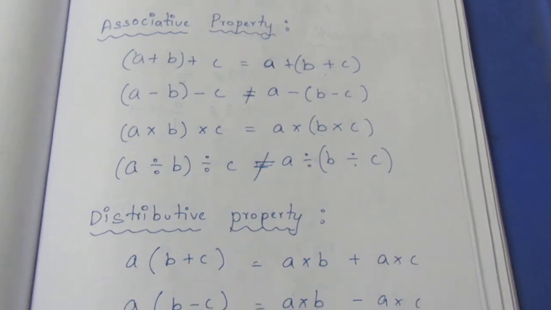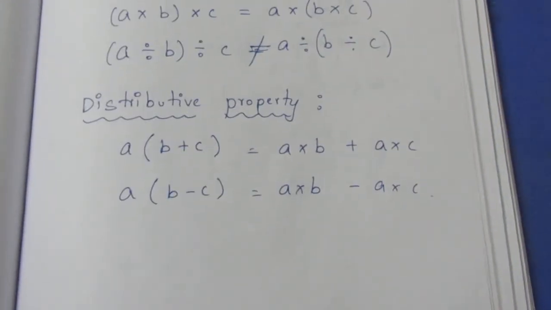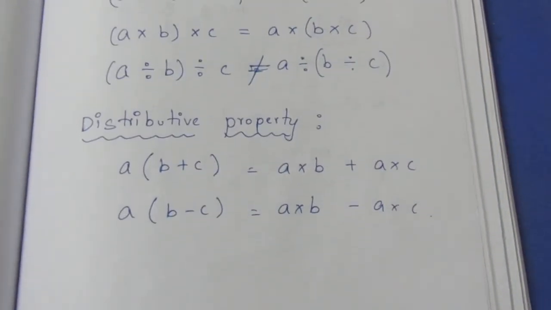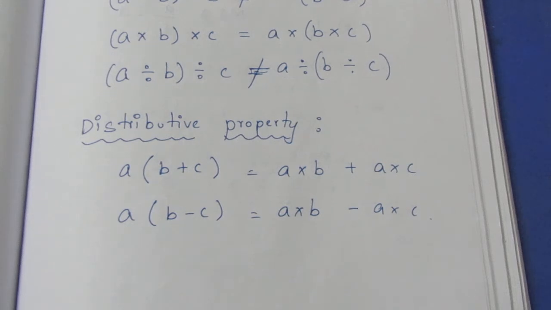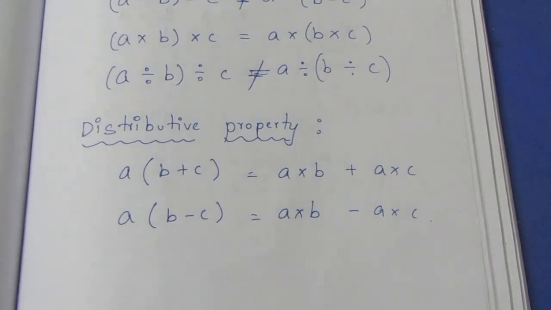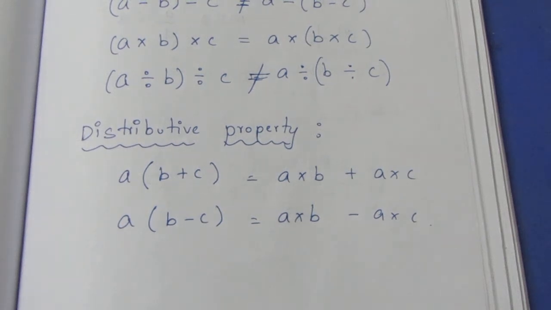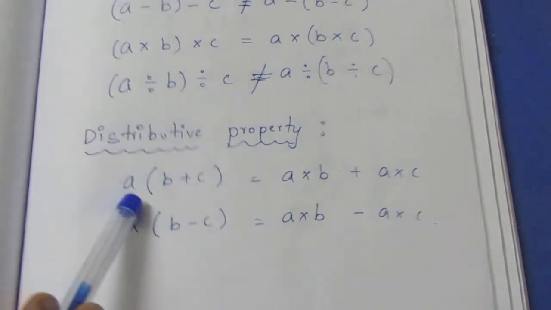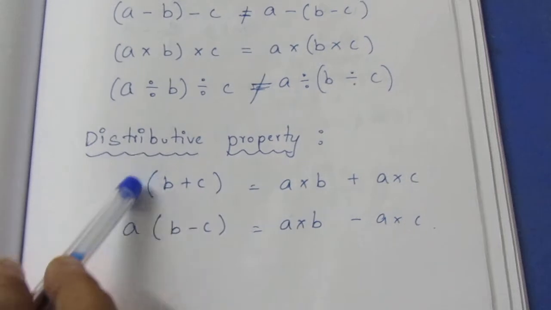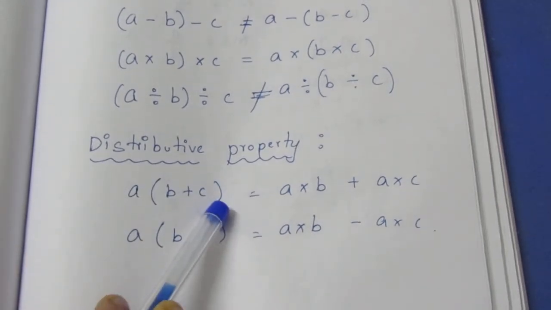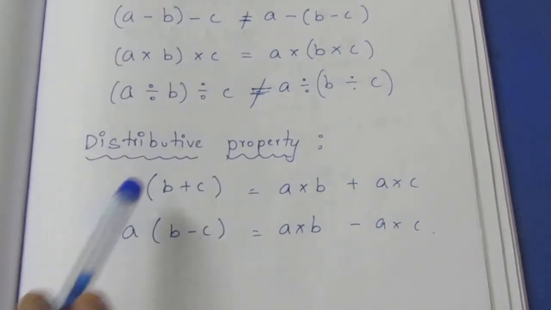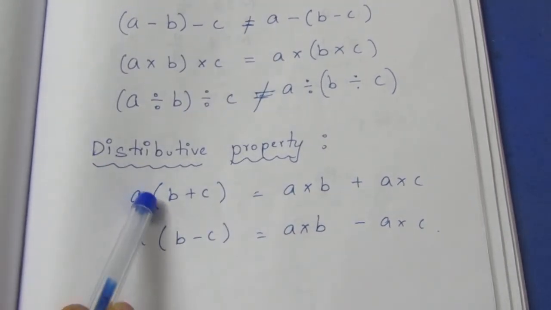Now we'll move on to the next property, the distributive property. This word is familiar to you. You will distribute your chocolates during your birthday. That means you will have a box of chocolates, you will distribute to your friends on your birthday, right? The same way, one number is distributed to all the rest of the numbers here. If there is a bracket, that means there is a multiplication.